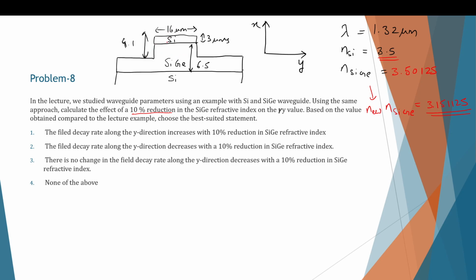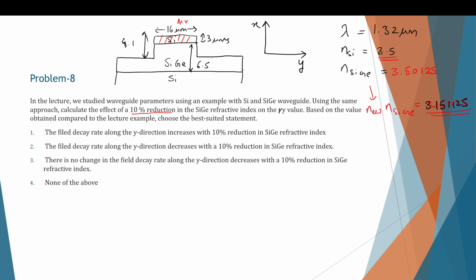So that would mean that my mode is more likely to be confined in the silicon because there is air above. So after 10% reduction, I have gotten a silicon germanium refractive index of 3.151125.